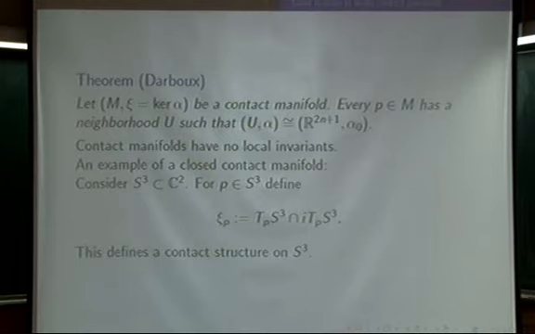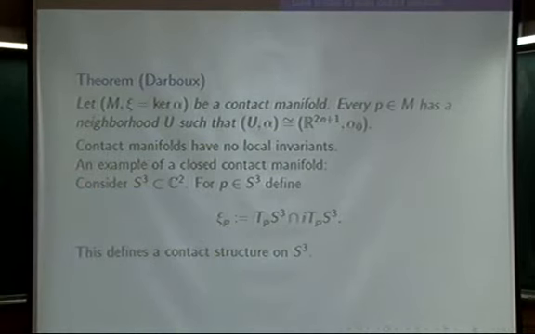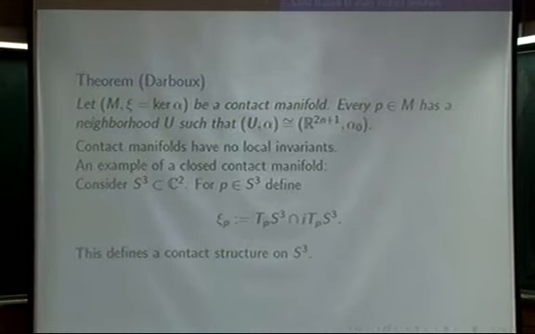S3 can be seen as just the unit sphere in C2, and so you have the complex tangent planes. You have the tangent space to S3, and you can take i times the tangent space and now take their intersection. That describes the contact structure.